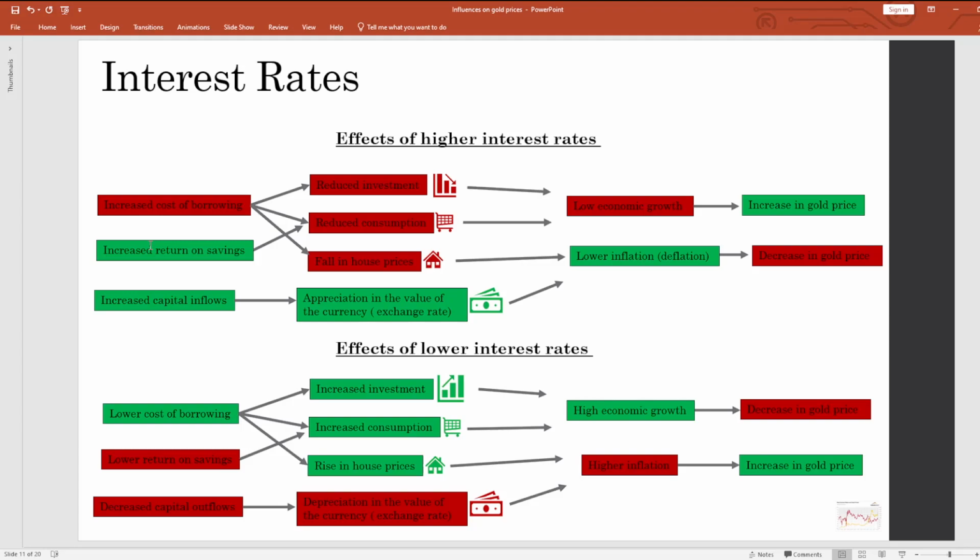Like, people will just put some money away in a savings account and they'll be rewarded handsomely for their saving efforts. So overall, in this scenario, households are incentivized to save, but they're actually indirectly incentivized to reduce their consumption.